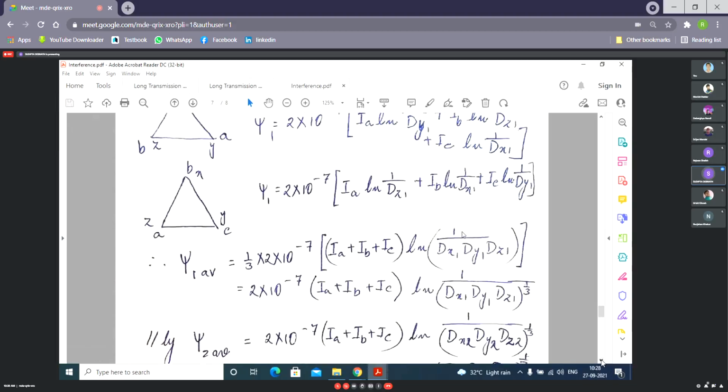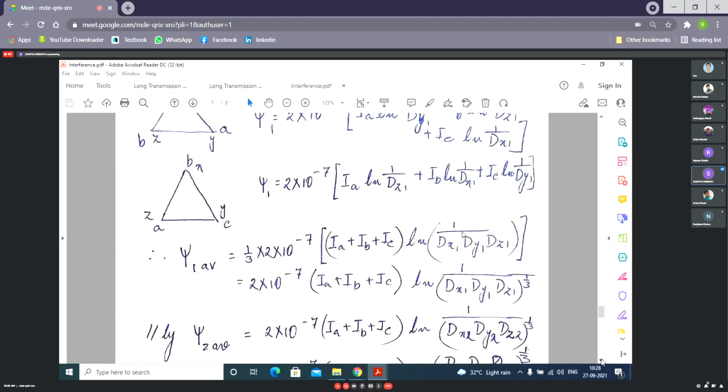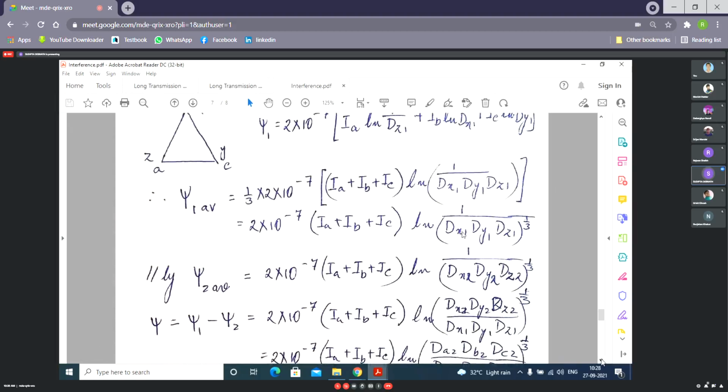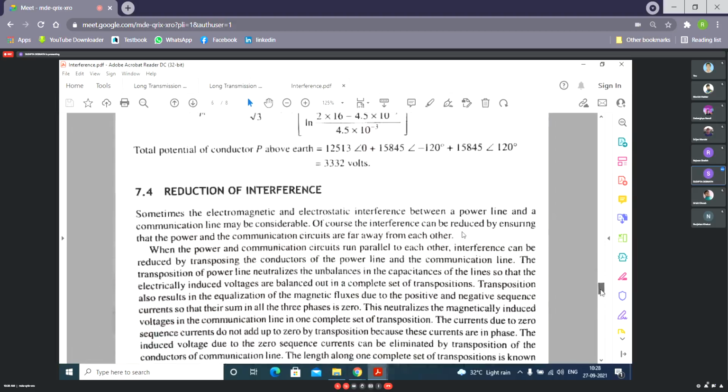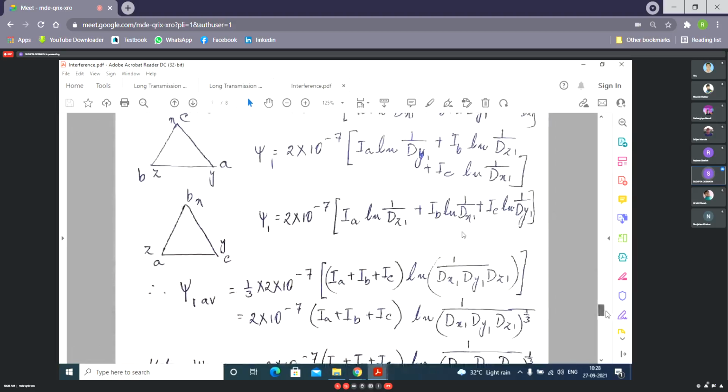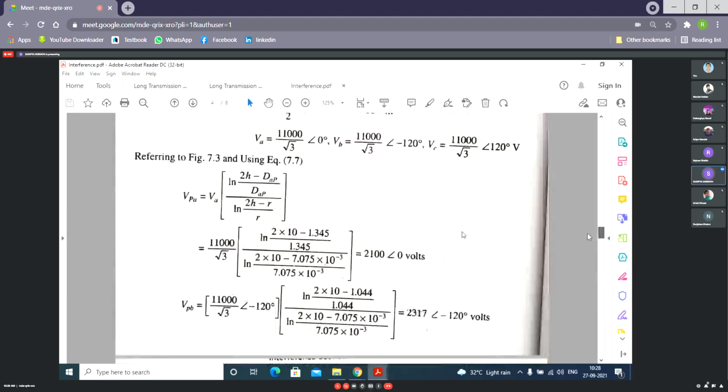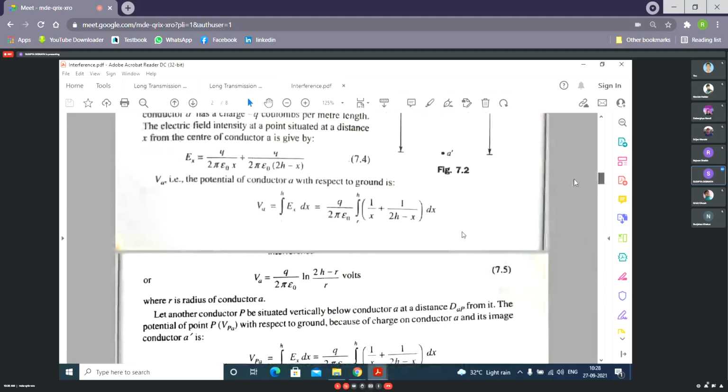Similarly, for the next communication line, we consider this as psi 2. Instead of P and Q, we have considered 1 and 2. Now what is the total? Total is psi 1 minus psi 2, just like psi P minus psi Q we have done here. We are following this same derivation.